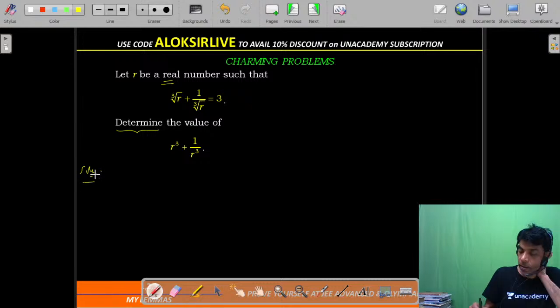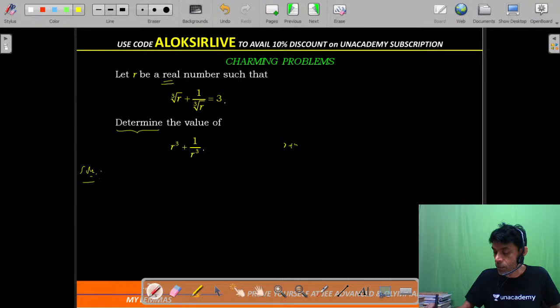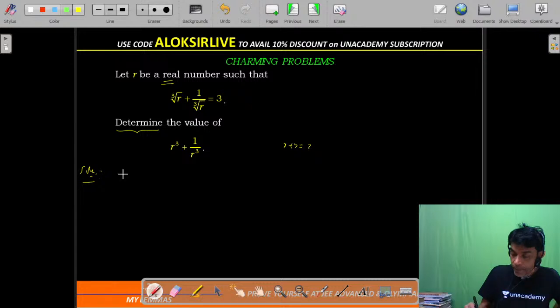Whenever you have x plus y equal to something, bring it to one side and use that sum of 3 numbers is 0. Then you can quickly do it, because you will write here cube root of r plus 1 by cube root of r plus minus 3 is 0. If this is the case, then it means that a cubed plus b cubed plus c cubed is 3 times their product.